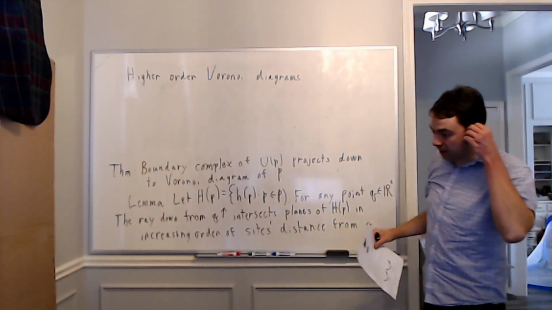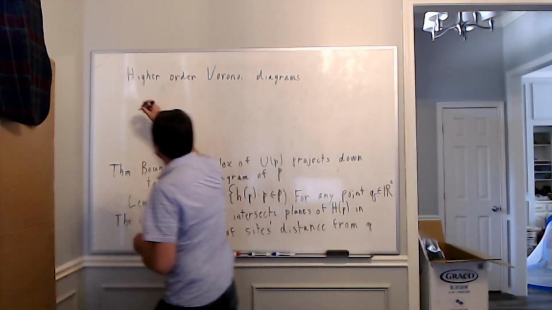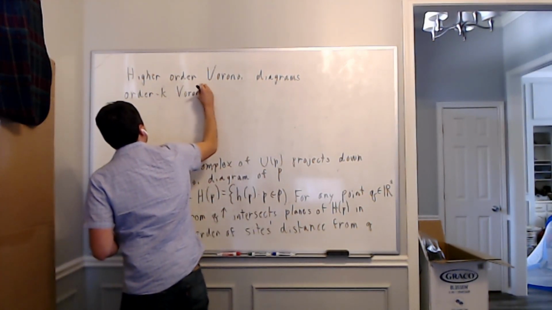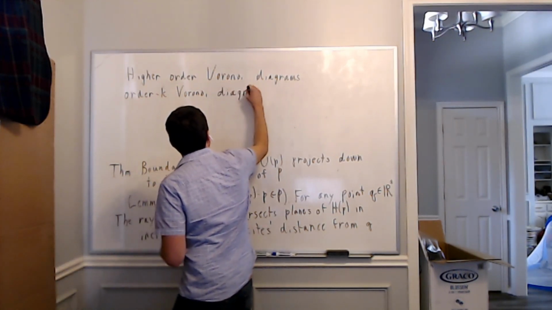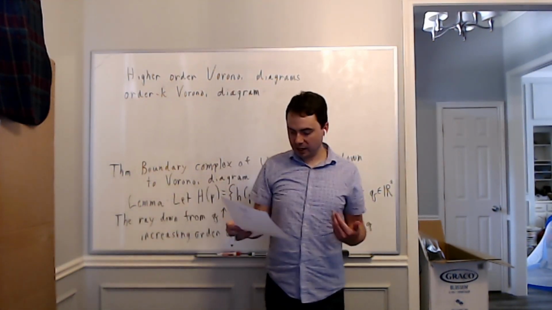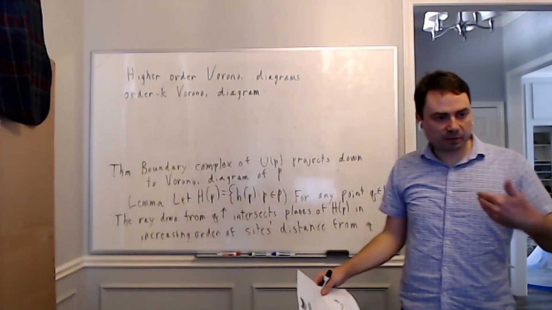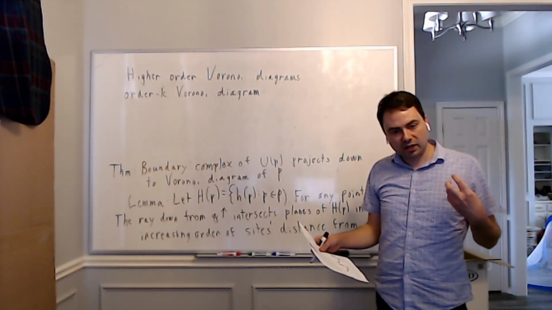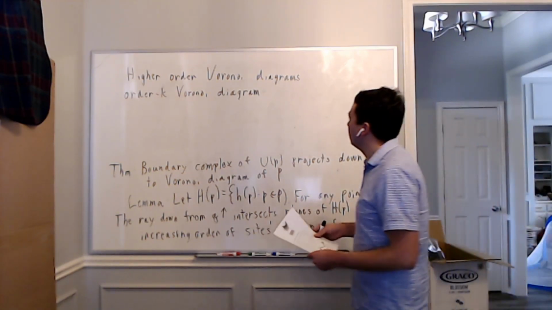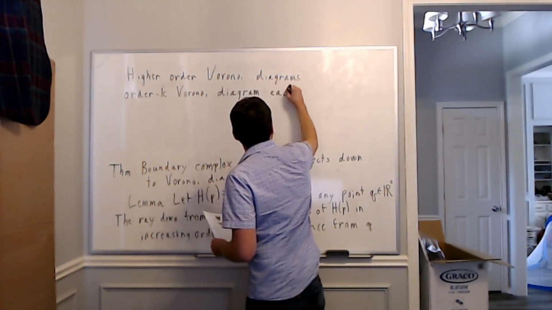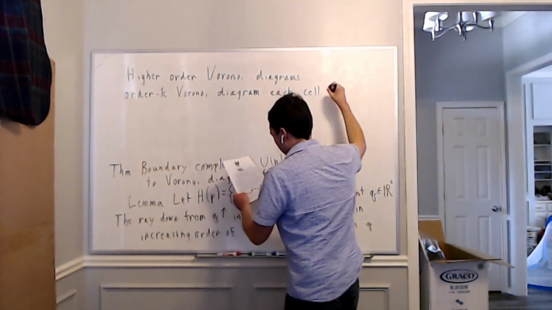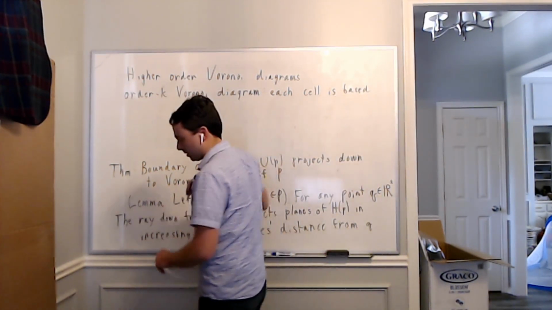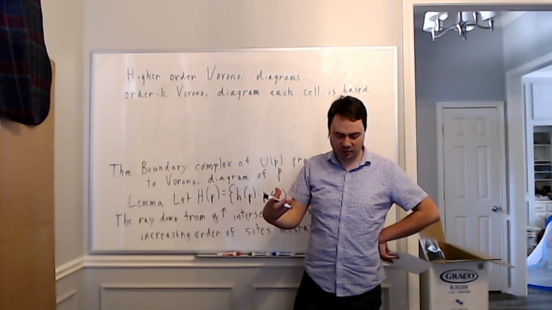Okay. So there's something called the order K Voronoi diagram. And the way the order K Voronoi diagram works is you subdivide the plane up into cells, but each cell is based on the K closest sites to each point.